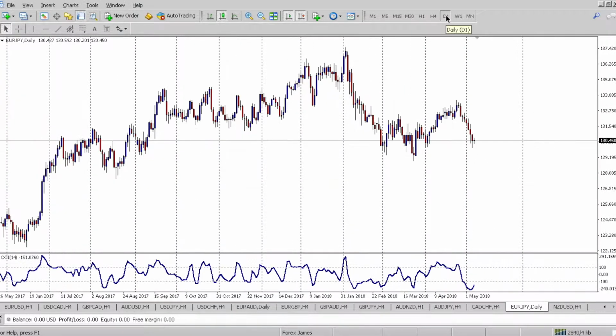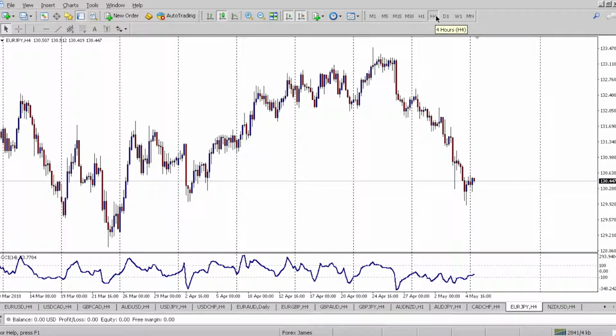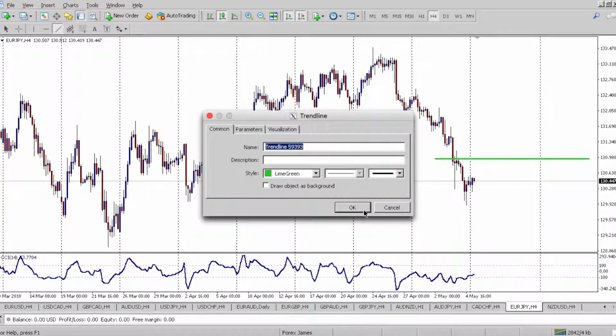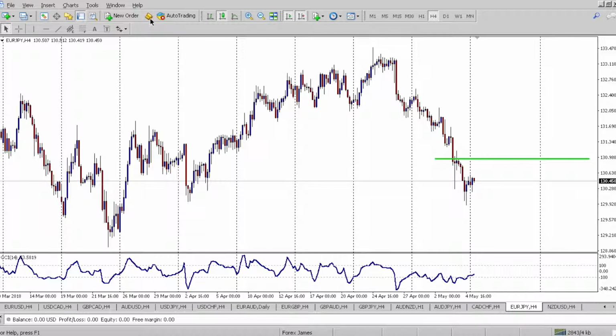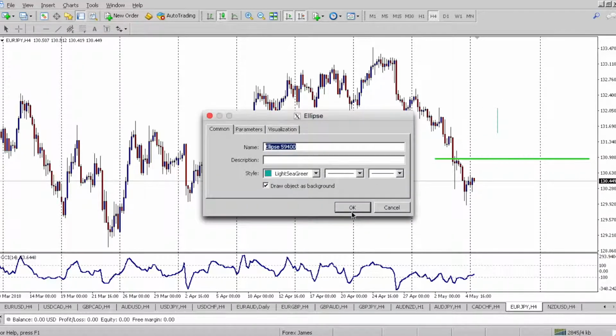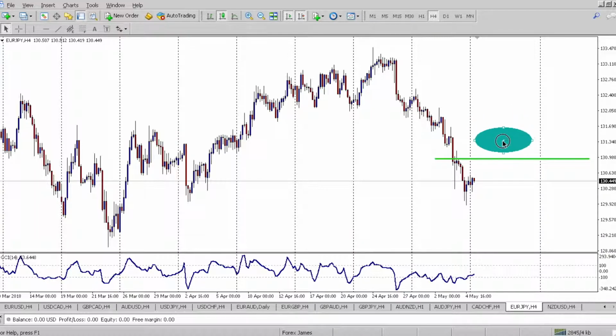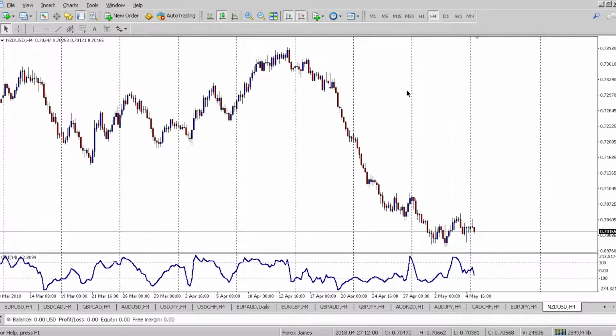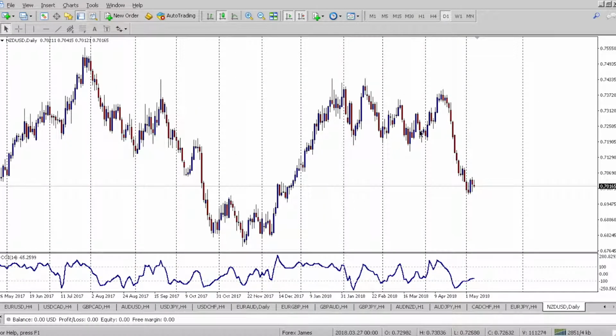Euro yen, similar to the euro pound. Price may stall here, form a range. Should that happen, I'm going to look for sells here. Last one, Kiwi. Yeah, it's still a big move down.